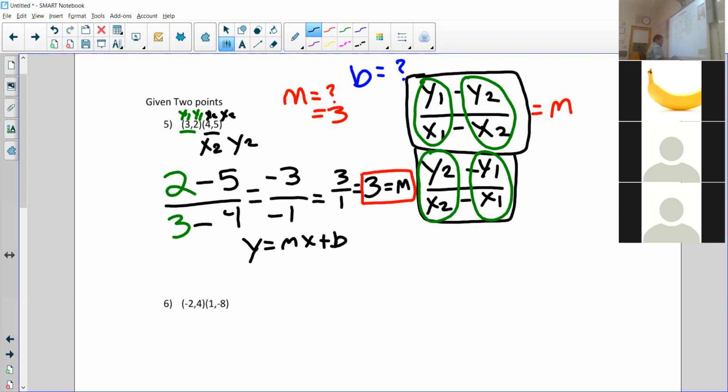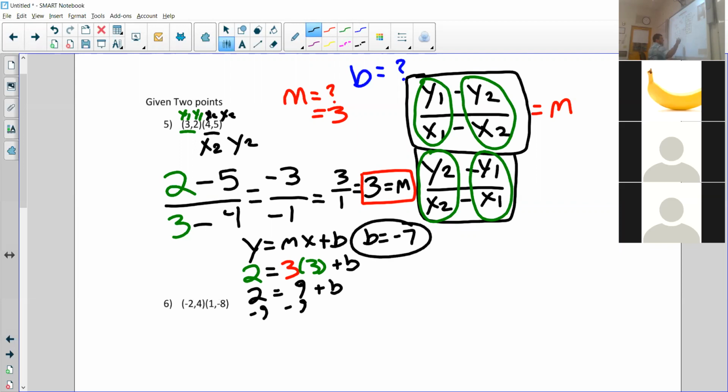So I'm plugging in the green one first. 2 equals 3 times 3 plus b. 2 equals 9 plus b, minus 9 on both sides. This gives me b equals -7.